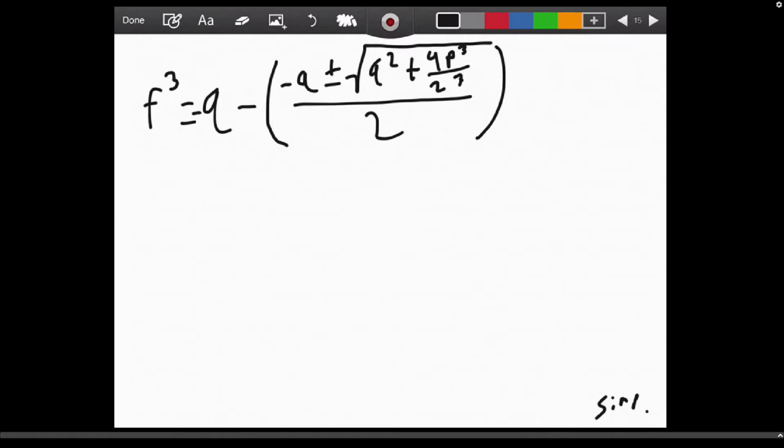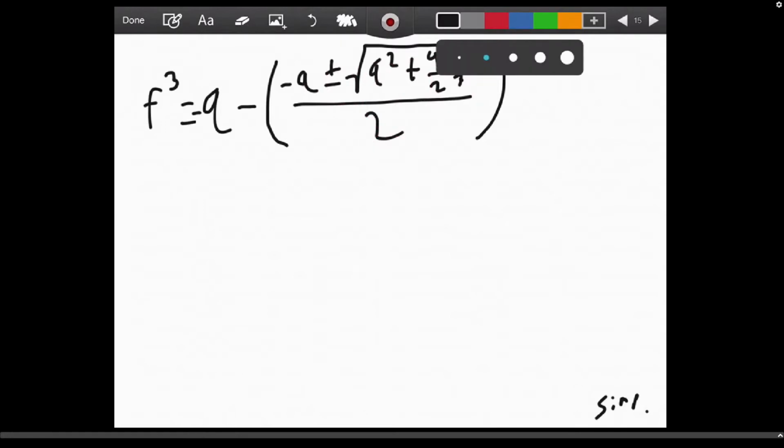So this is really negative q over 2 plus or minus this over 2. And these two negatives cancel out into a positive. So it ends up becoming negative q plus q over 2 plus or minus all this.